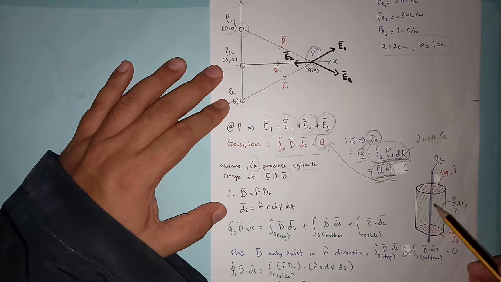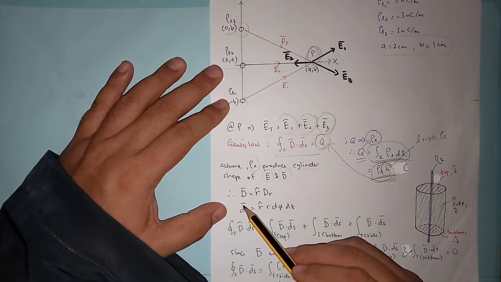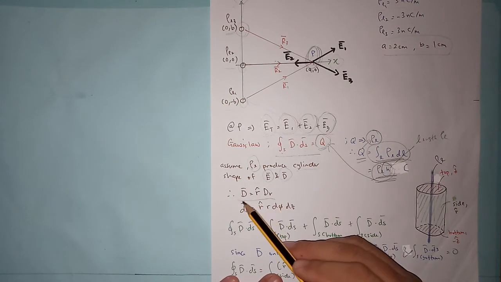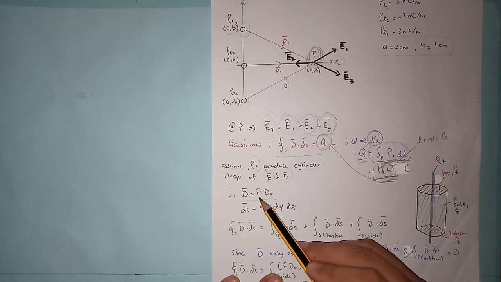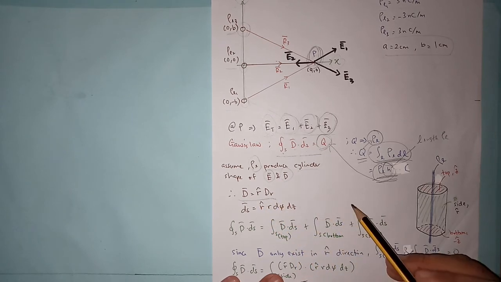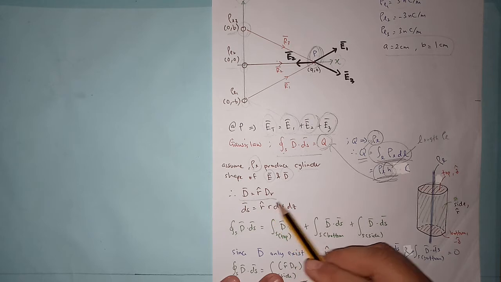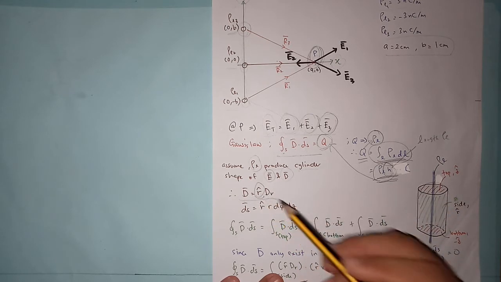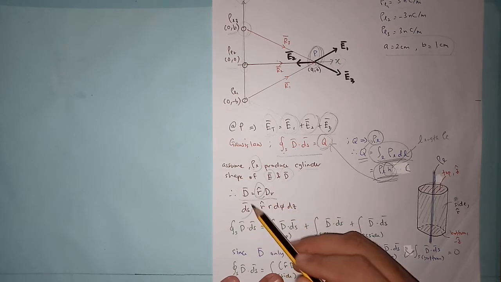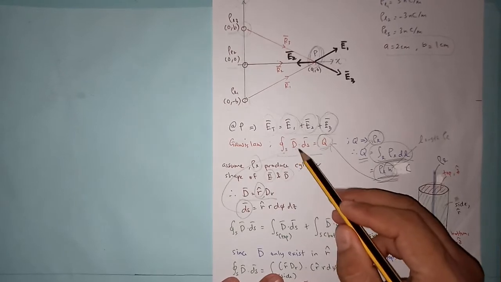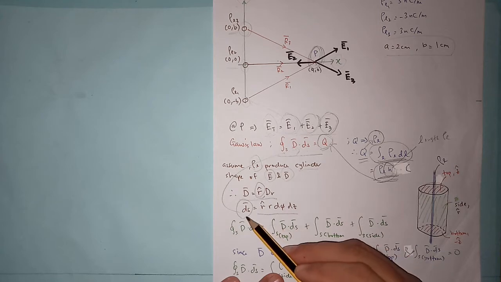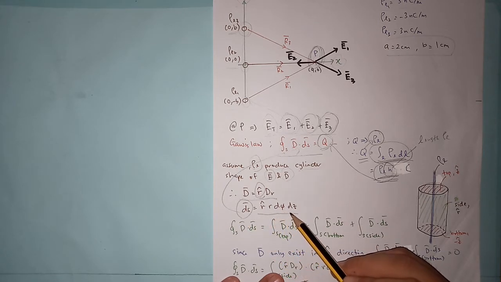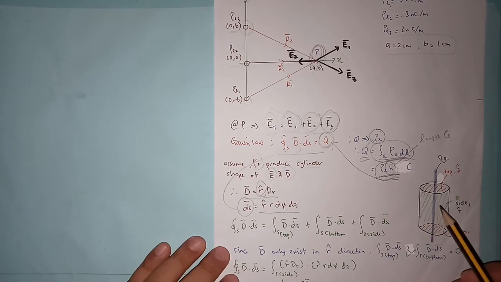Because of that, the general expression for vector D can be expressed as this one, where vector D is equal to r cap multiplied by D r. Because we take that in the r cap direction, the vector dS to be used in this formula is given by this expression, where vector dS is equal to r cap r d phi dz.